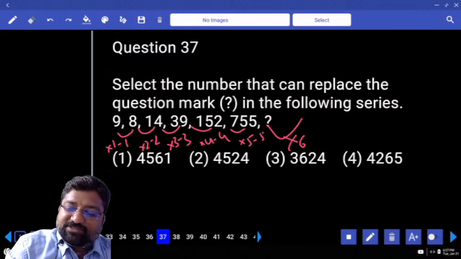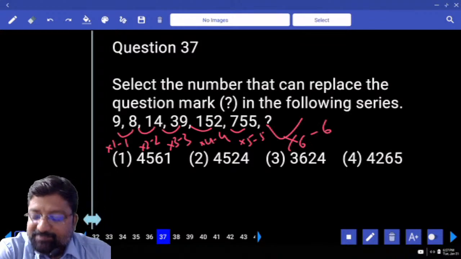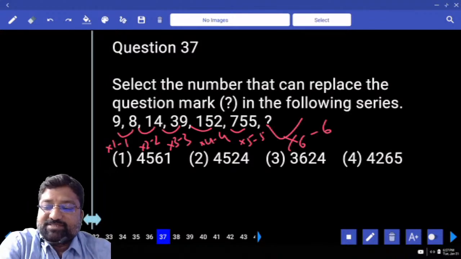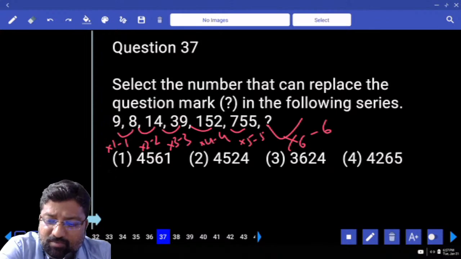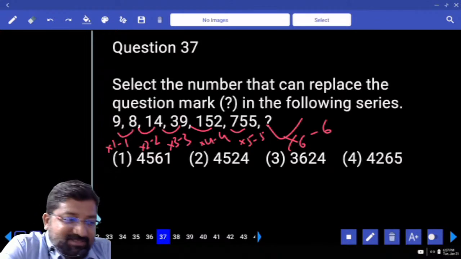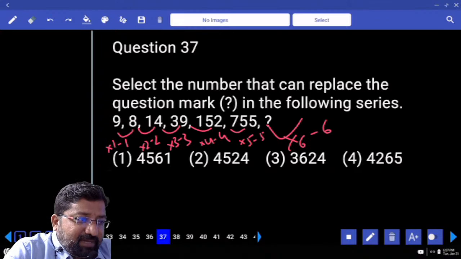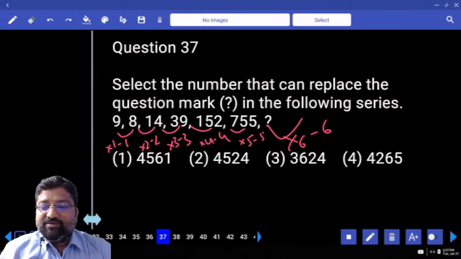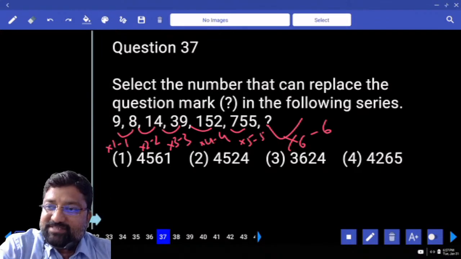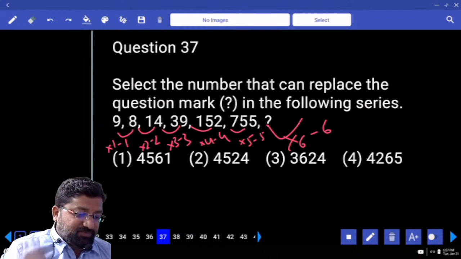Next is 6 into 6 minus 6. When I say 6 into 6 minus 6, obviously my answer should end in 4. 5 into 6 is 30, minus 6 is 24.